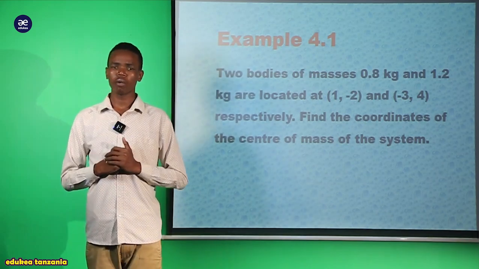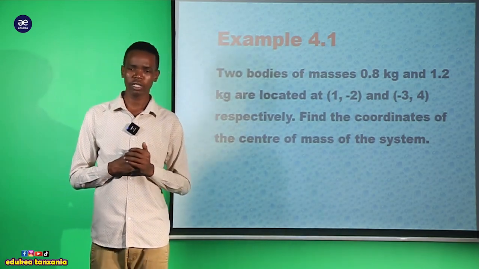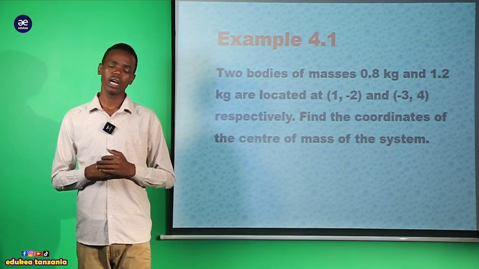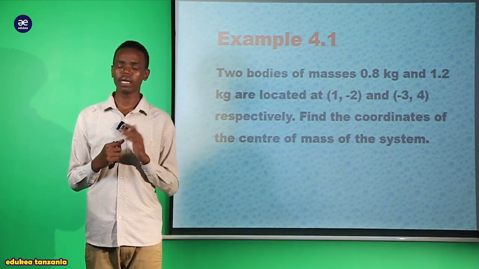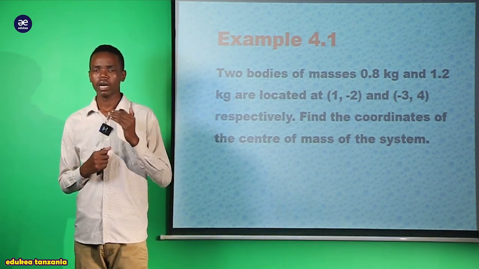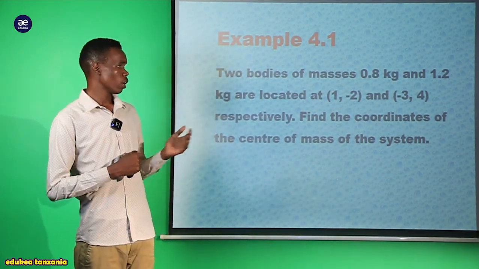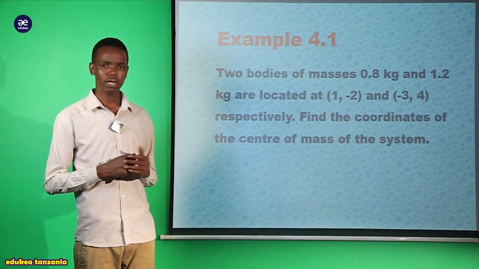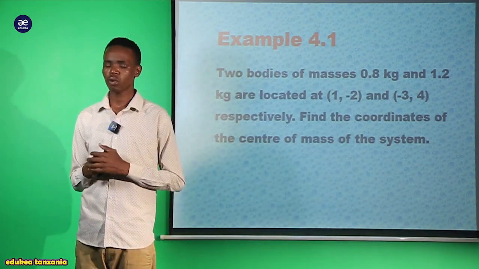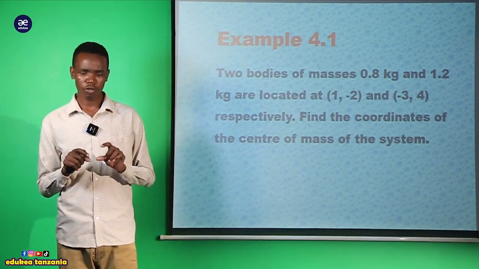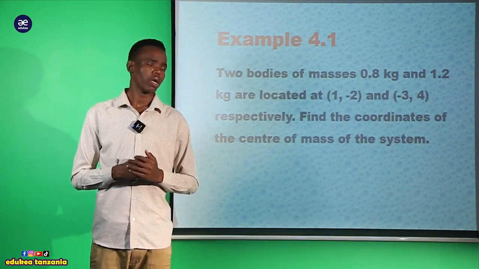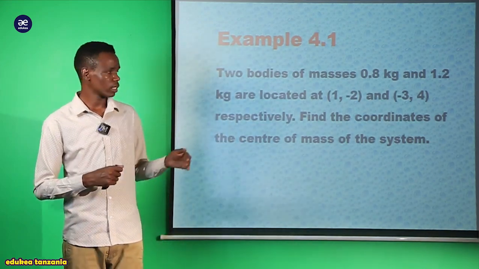First of all, we are supposed to understand our question, and after that it is very important to summarize the data we have into our equation. On our equation we have the masses, mass 1 and mass 2, which represent the particles. We also have the coordinates.